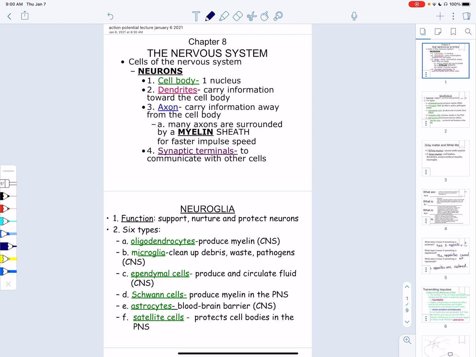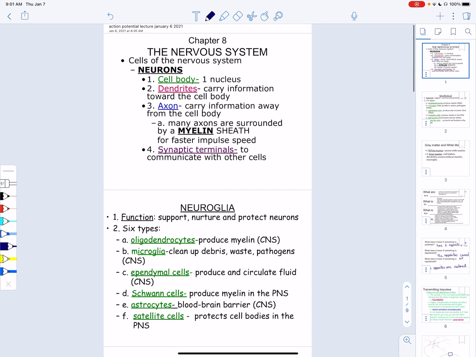In the smaller ones, you're going to get about 250 impulses per second. Under normal body conditions, you have somewhere between 10 to 1,000 impulses per second in the neurons. So the myelin sheath is going to work to help increase those where it's necessary, and it's not in place when it's not necessary.